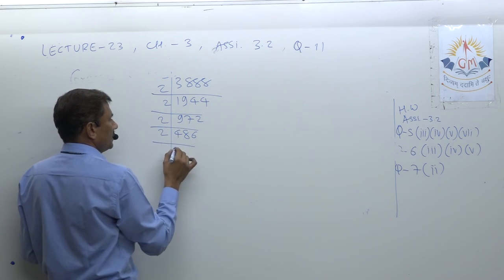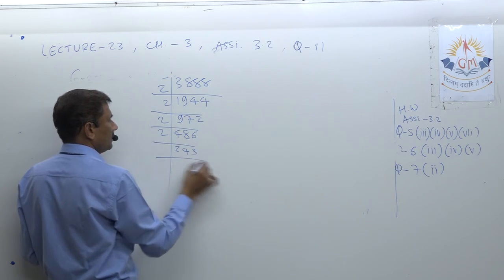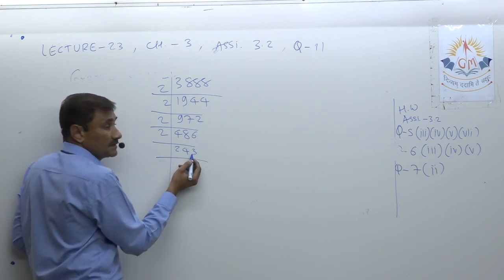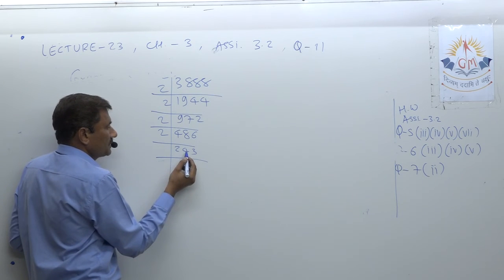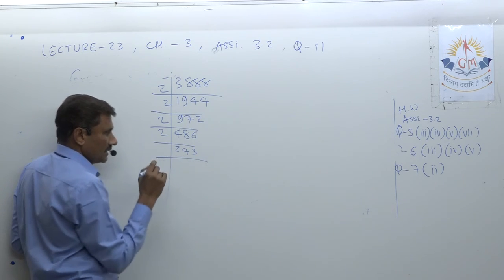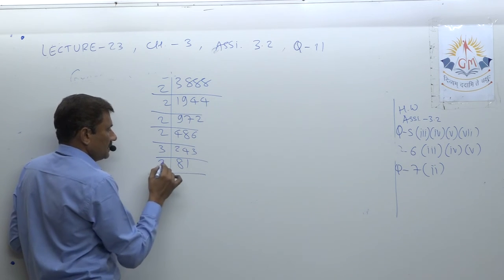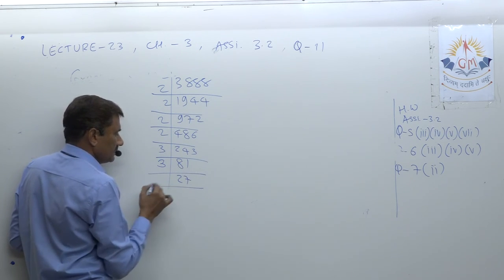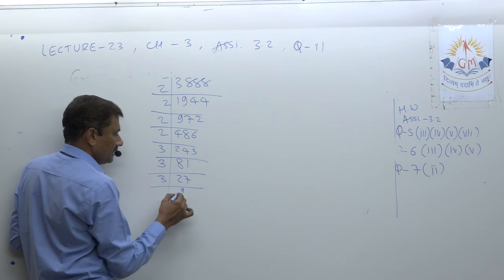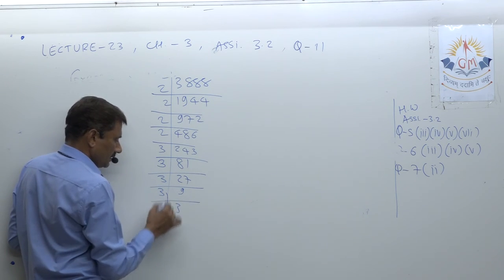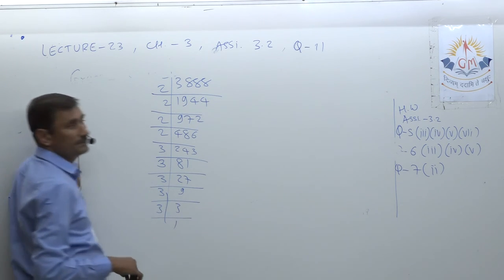Again 2, 2 4s... 3. Now it is not divisible by 2, but 4 plus 2 is 6, 6 plus 3 is 9, so divisible by 3. 3 8s are 24. Now it is divisible by 3, 27, divisible by 3, 9, divisible by 3, 3, and divisible by 3, 1.